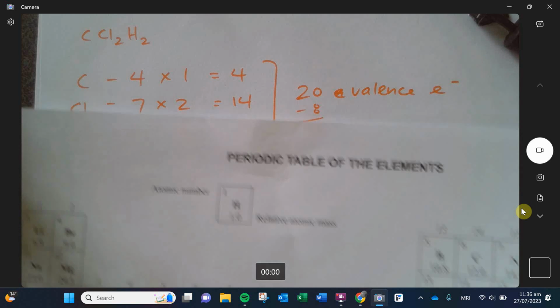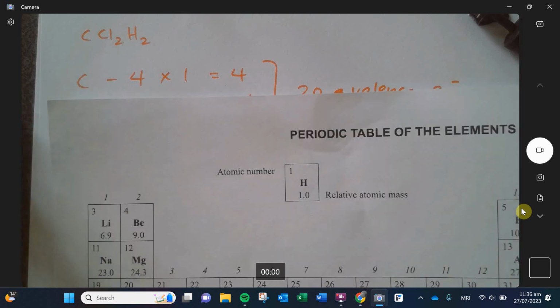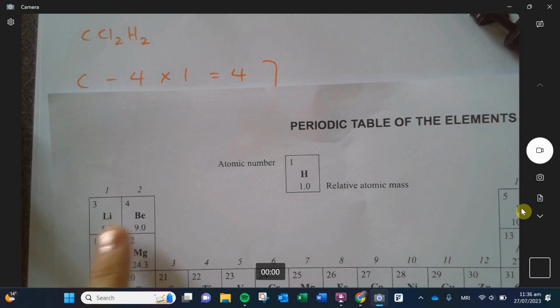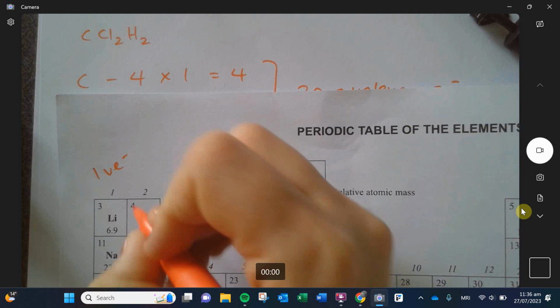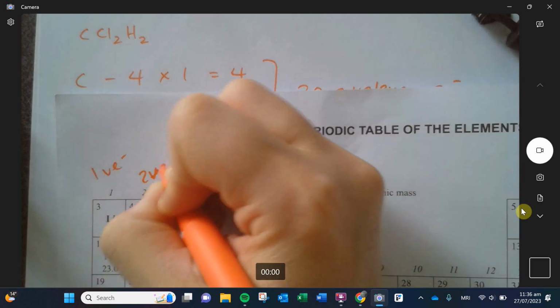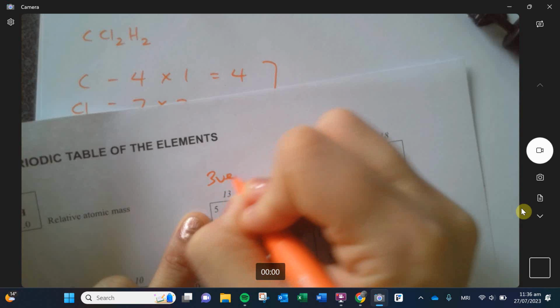So, periodic table, as we were talking about in Monday's lesson, which I don't know if you were here for. Remember now. The periodic table has multiple trends. One of the trends we are looking at in this case is that the columns tell me valence shell electrons. So how many electrons are in that outermost shell? If you are in group 1, you have 1 valence electron. If you're in group 2, you have 2 valence electrons. If you're in group 3, you have 3 valence electrons.